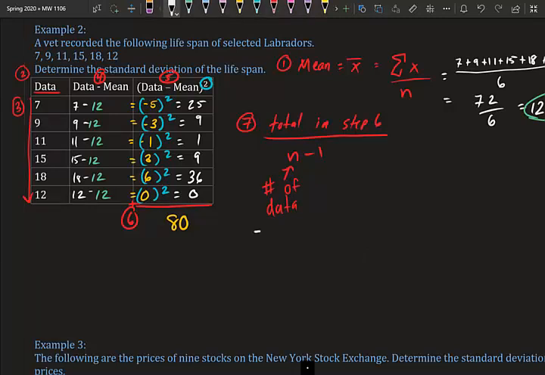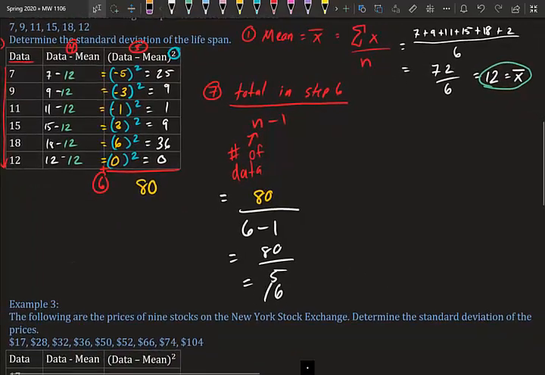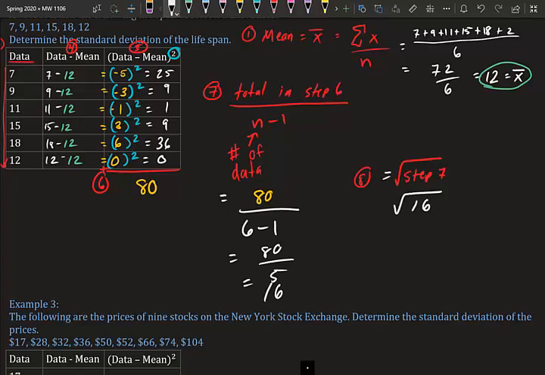We have our total, which is 80, over 6 minus 1, because we have 6 pieces of data. We keep simplifying to get 80 over 5, which is 16. Our last and final step, step 8, is to square root what we got in step 7. So we take the square root of 16.